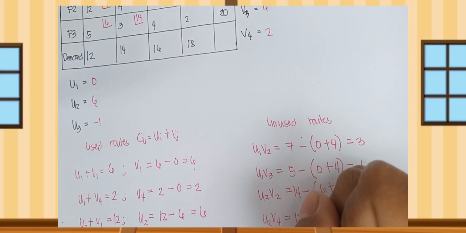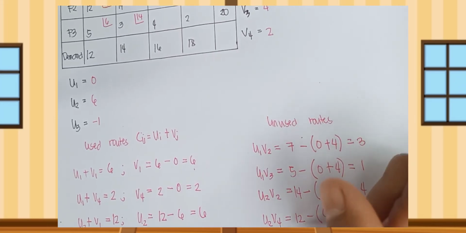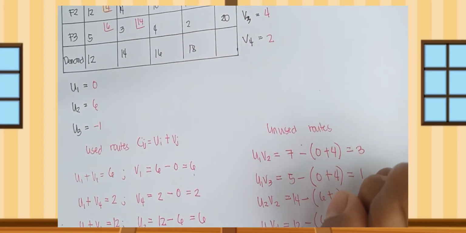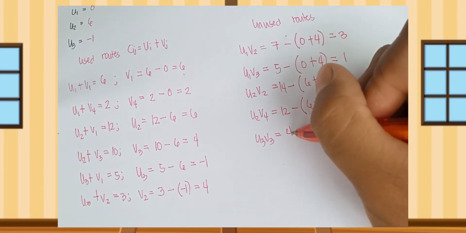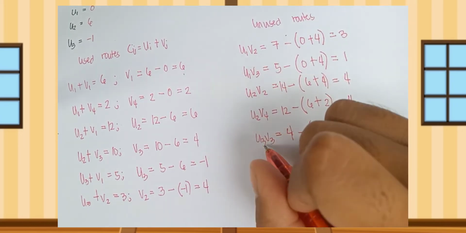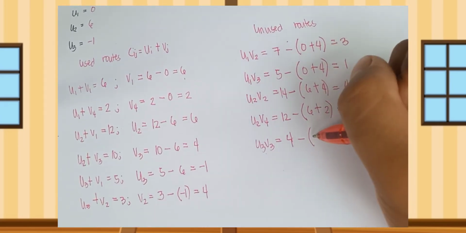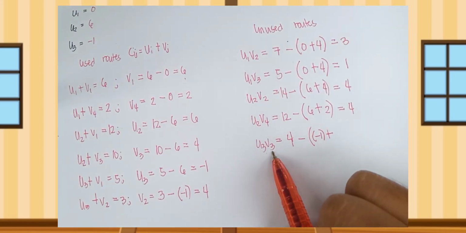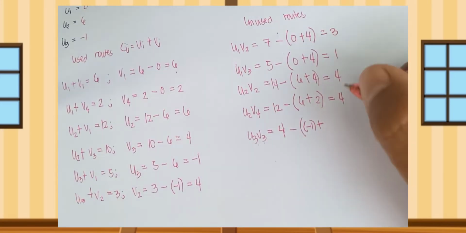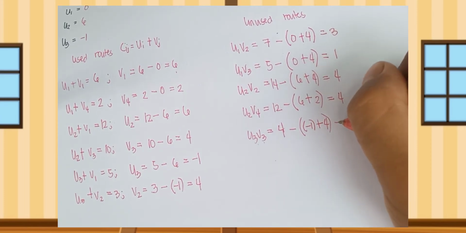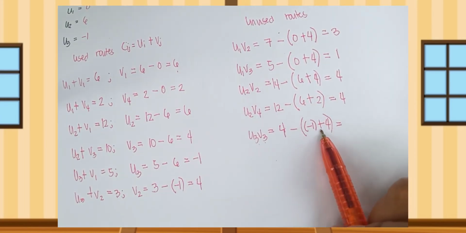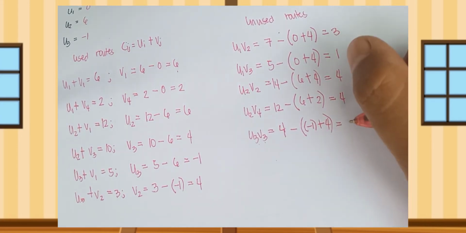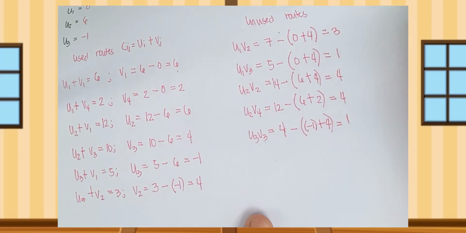So the Cij of 4 minus the value of U3, which is negative 1, plus the value of V3, which is 4, is equals to negative 1 plus 4 is equals to 3. So 4 minus 3 is equals to 1.